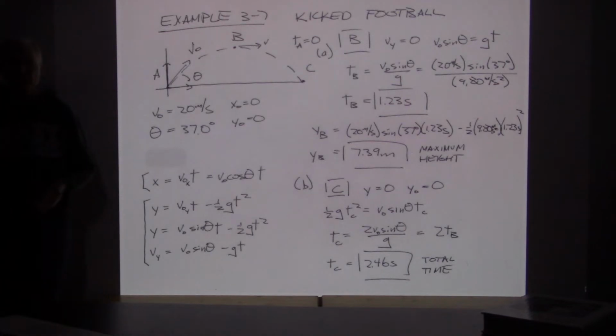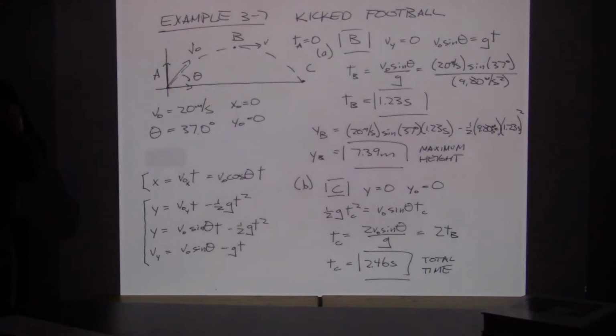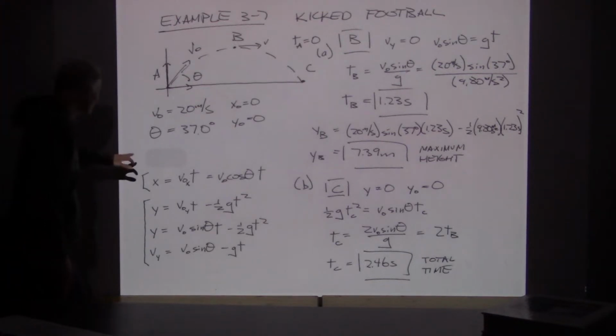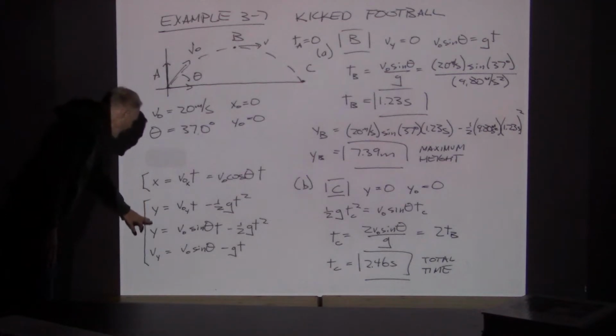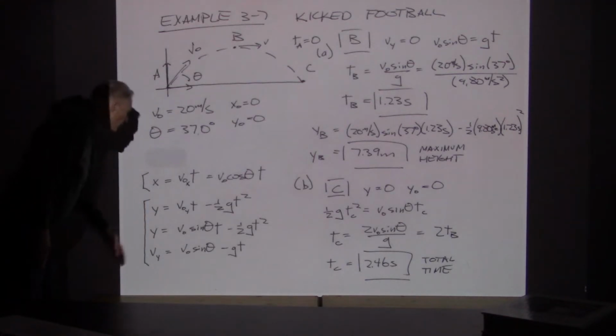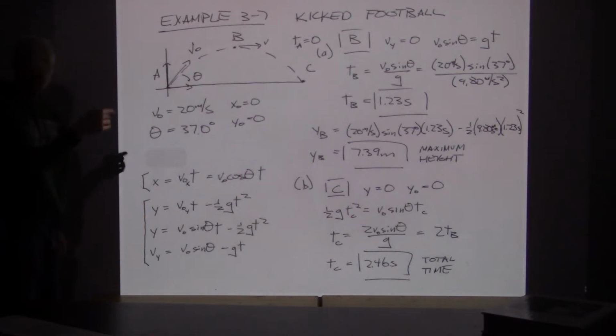Depending on what information is given, one method may make the problem easier. Just be aware you've got that flexibility to switch back and forth. So this is my formula for constant forward motion, and these are my formulas for displacement and velocity in the y direction.